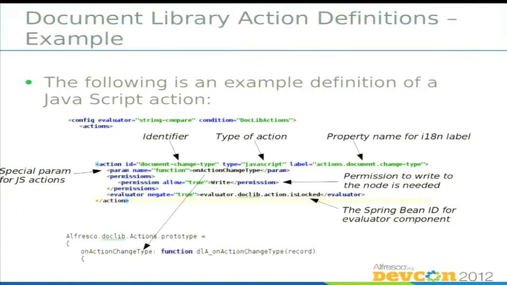In this case, I've taken an action that is in share. So if you're interested in actions that exist and want to see how they do things, you can look at share-document-library-config.xml. It will be in your exploded share web application. So web apps, share, WEB-INF, classes, alfresco, that's where you're going to find it.